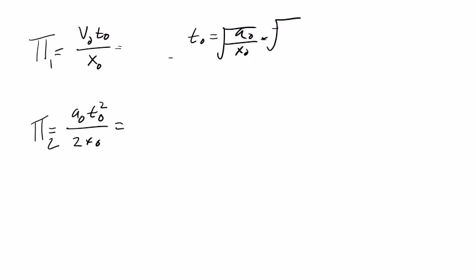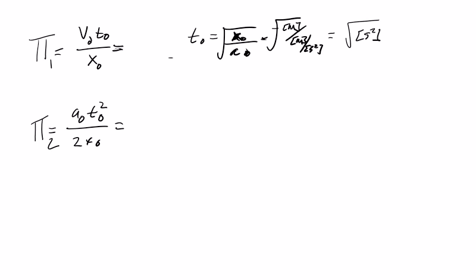The units: meters over meters per second squared gives the square root of seconds squared, which gives you time. So now you have the square root of x0 over a0. That could be your time.